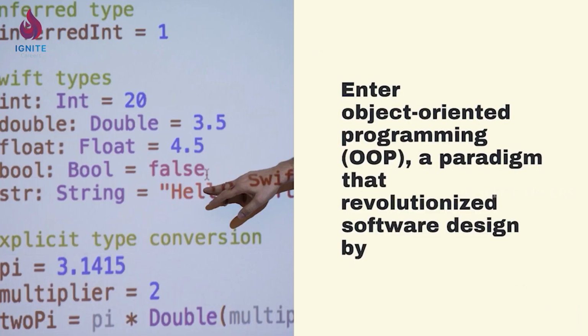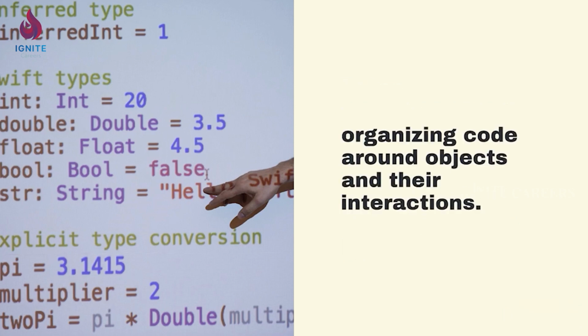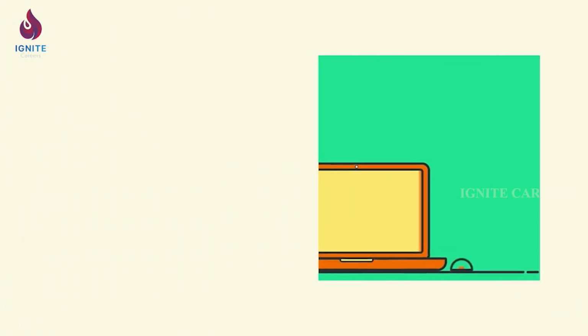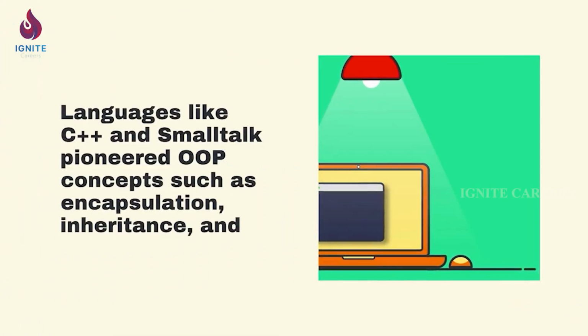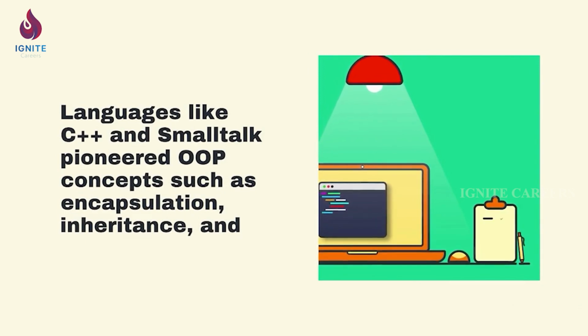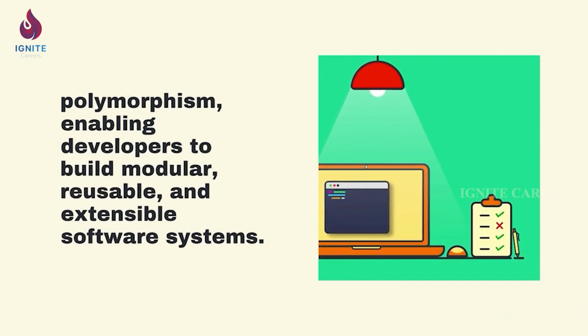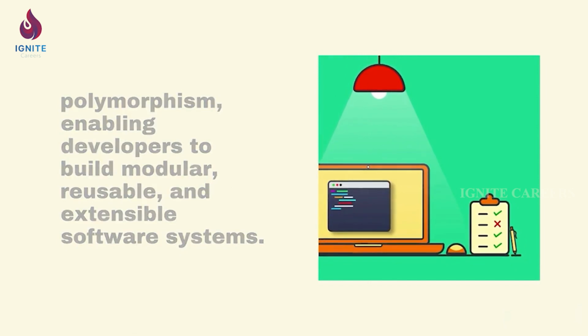Enter the object oriented programming paradigm that revolutionized software design by organizing code around objects and their interactions. Languages like C++ pioneered OOP concepts such as encapsulation, inheritance, and polymorphism, enabling developers to build modular, reusable, and extensible software systems.